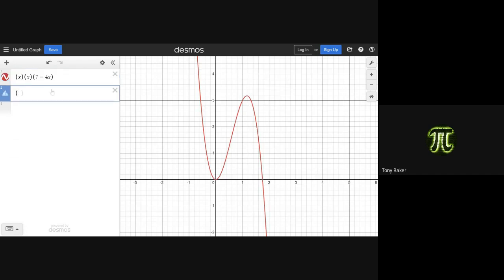If you wanted to find out the volume, your maximum volume is 3.18.